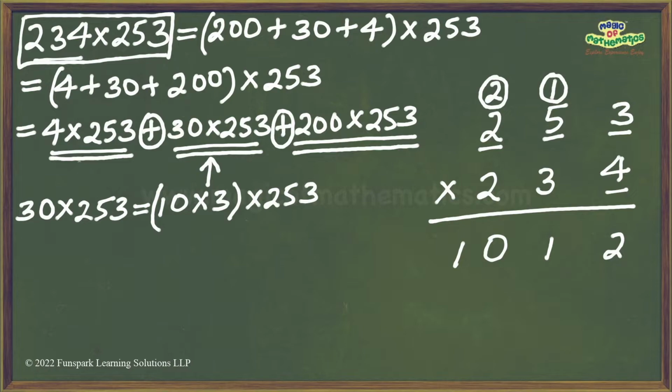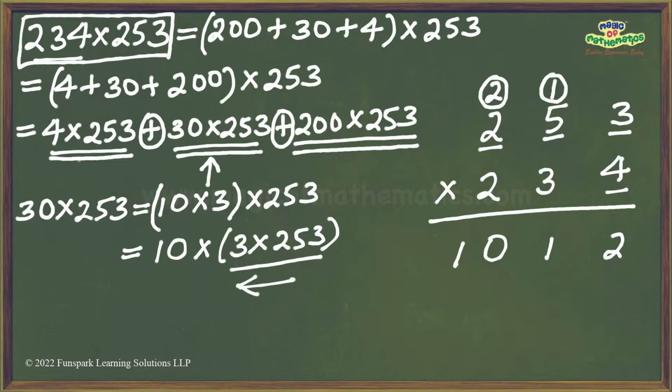Multiplication is associative. So this is equal to 10 times 3 times 253. Again, multiplying any number by 10 simply shifts the digits of the number to the left by 1 place and the vacant units place gets populated with 0. So we just need to find out what is 3 times 253, shift the result to the left by 1 place and put a 0 in the vacant units place.